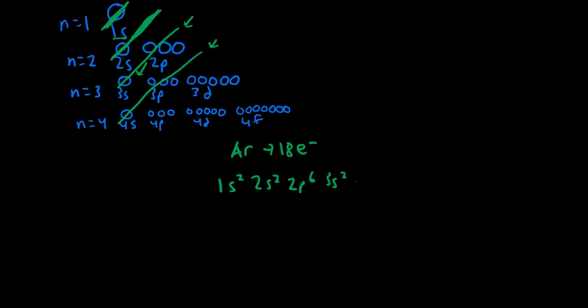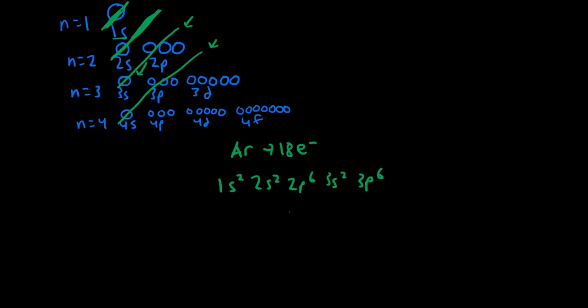So we have a 3p, so we have 12 electrons, so we can do a 3p6. And so when we add up 2 plus 2 plus 6 plus 2 plus 6, we get 18. So this would be the shorthand electron configuration.